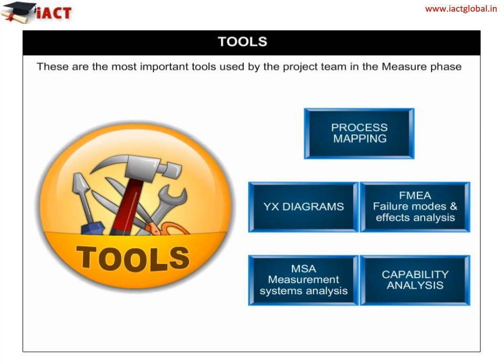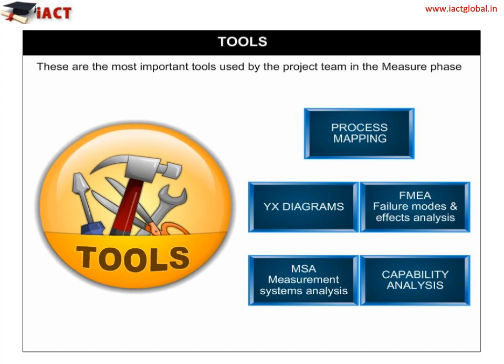The most important tools used by the project team in the measure phase include: 1. Process mapping. 2. YX diagram. 3. Failure modes and effects analysis, or FMEA. 4. Measurement system analysis, or MSA. 5.